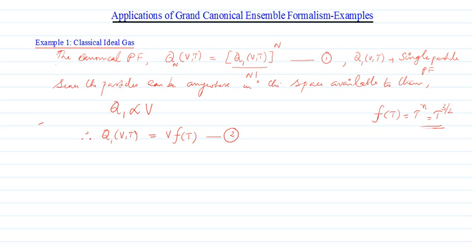So V into f of T, where f of T is a separate function, which is a function of the temperature alone, right? So let me specify that where f of T is a function of temperature alone. So we have separated out the functional dependence on volume and temperature in Q1(V, T).